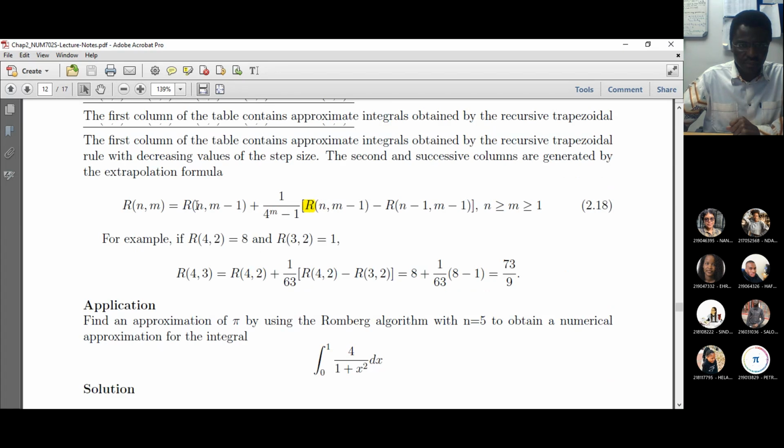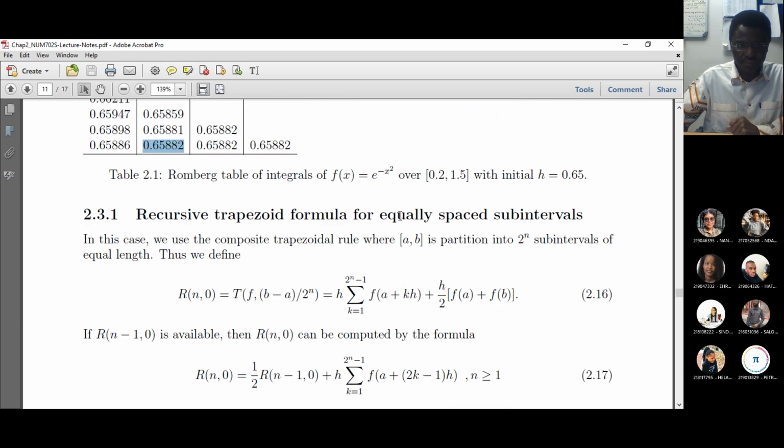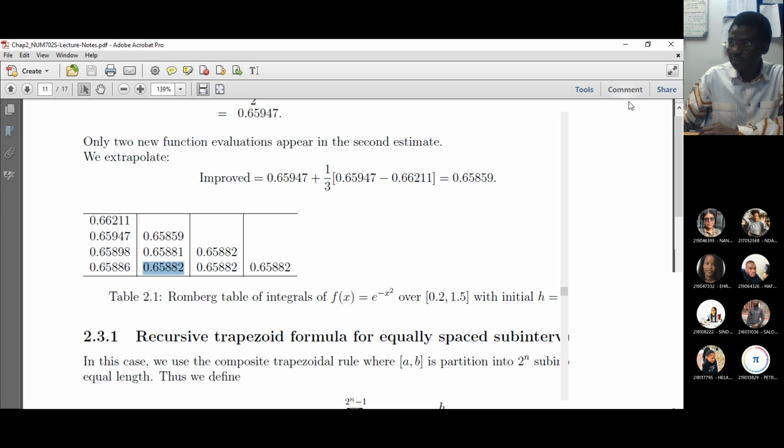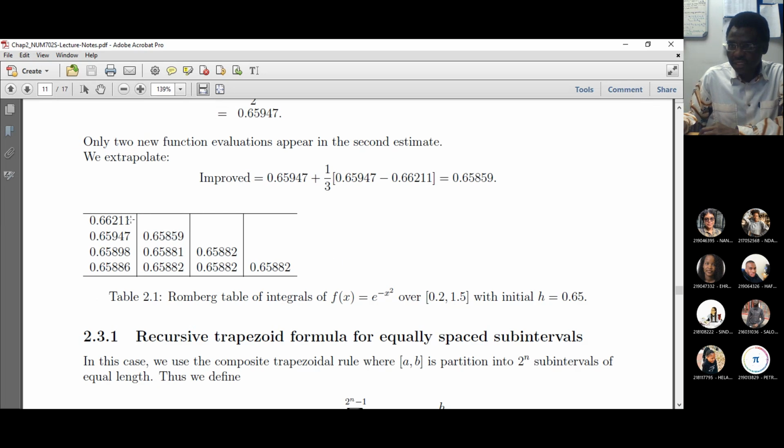You take these two, and then these two for that, these two for that, and then this and that for this one, this and this for that.